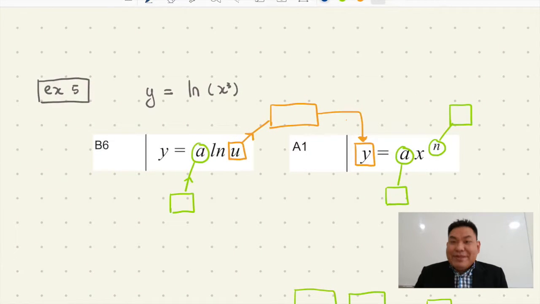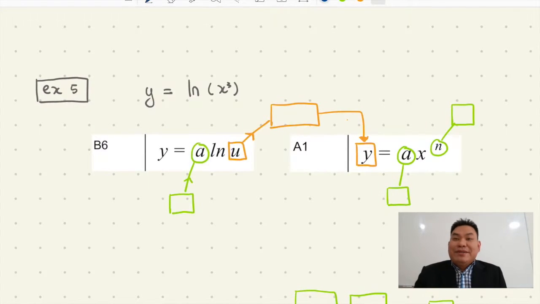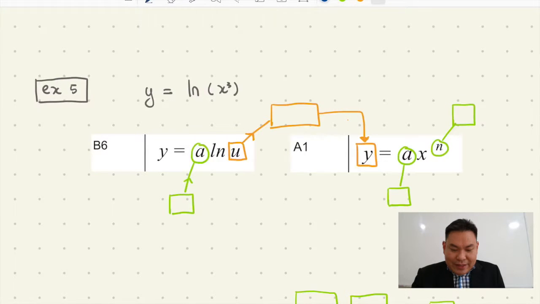Now example 5. In this example, I'm going to use two formulas, B6 and A1. As you see on the screen here, y equals ln x cubed, and the suitable formula to solve this problem is formula B6, y equals a ln u.